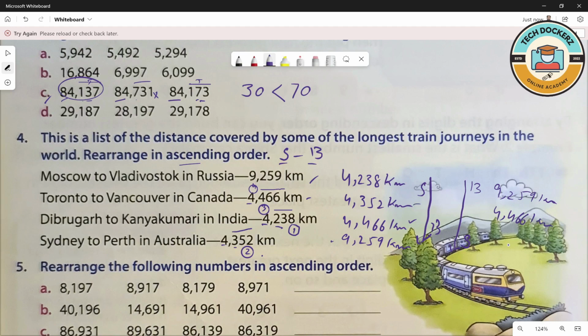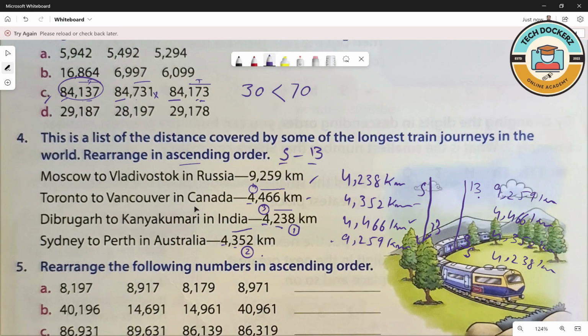The third number will be 4352 kilometer. And the last number will be 4238 kilometer, which is biggest to smallest. So the smallest number will be 4238 kilometer. In this way, we can write from biggest to smallest, or we can say rearrange in descending order.